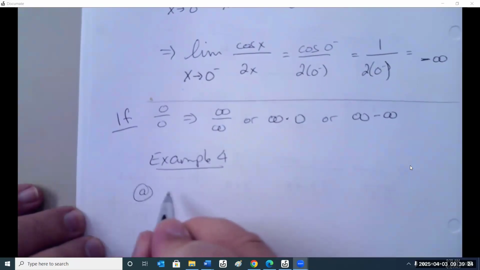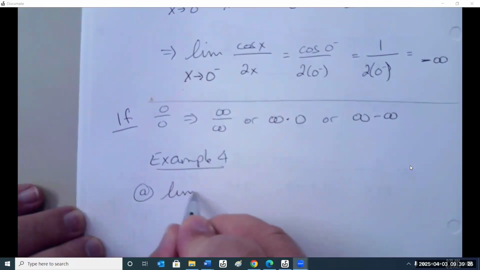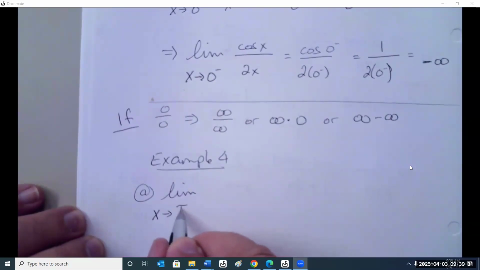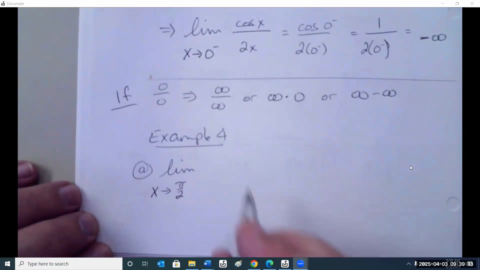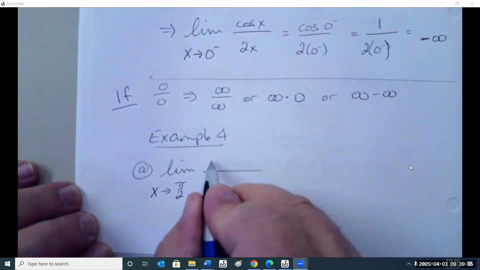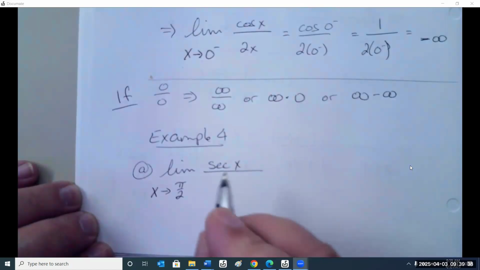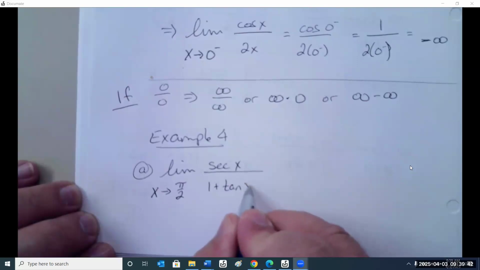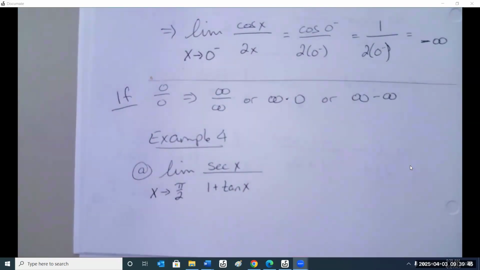So here we have this one. The limit as x approaches pi over 2 of secant x over 1 plus tangent x. First thing you have to do is test it.